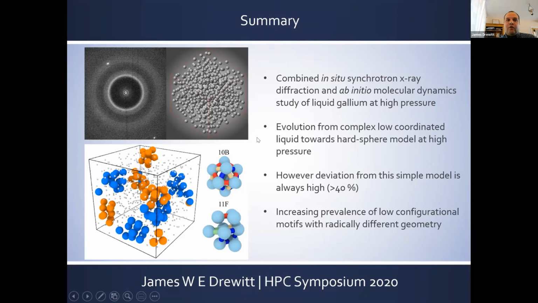But over all pressure and temperature conditions, the deviation from this simple hard sphere structure remains high, at least 40%. And above the high pressure melting curve, we observe the increasing prevalence of low configurational entropy motifs. And these have radically different geometries, and so may be important for stabilizing metastable metallic glass structures at high pressure. So thanks for your attention.